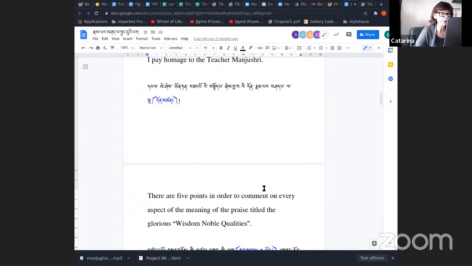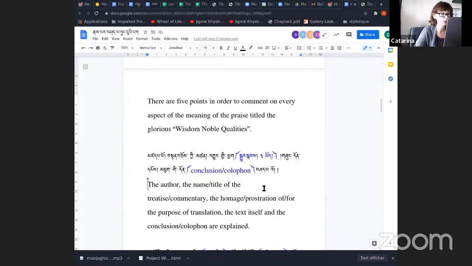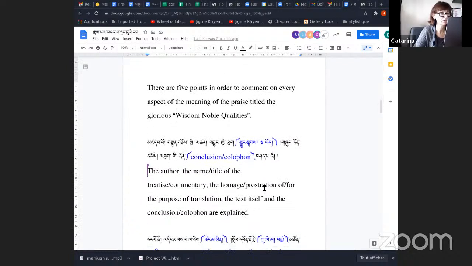But it also makes sense to add an adjective to wisdom once you are also qualifying, saying the qualities are noble.